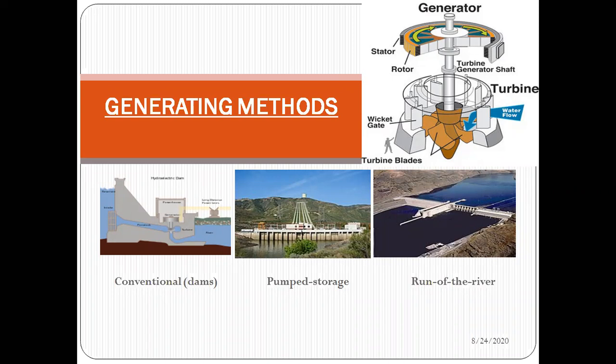And if you have neither pumped storage nor a run-of-river scheme, in that case you have to create an artificial barrage in the river. This artificial barrage that you have constructed in the river is called your dam, and after that you can release the water from high level to low level. Clear? After that, I have one video to show you related to the hydroelectric power plant.